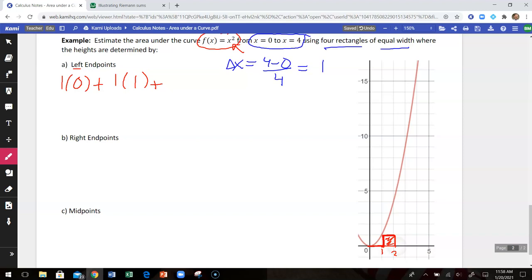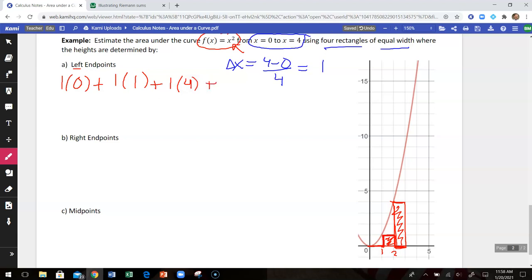Plus, the next one would go from 2 to 3. Determine the height at 2, and make your rectangle. My height at 2 would be 4, because, again, the function evaluated at 2 gives me 4. So the width is 1, and the height is 4.